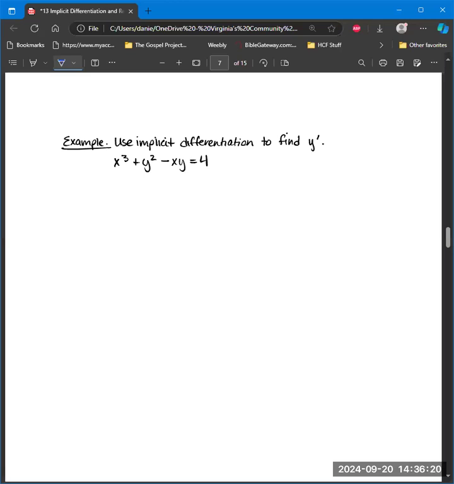Now let's look at this example. We take the derivative with respect to x of both sides. I get 3x squared plus 2y times y prime minus 1 times y minus x times y prime is equal to 0.